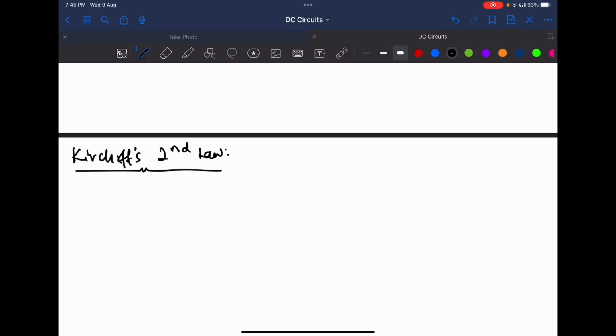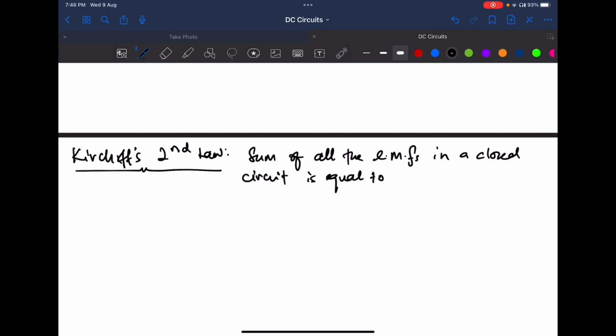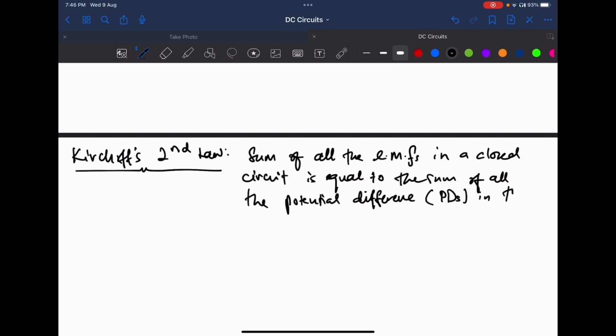Kirchhoff's second law states that the sum of all the EMF in a closed circuit is equal to the sum of all the potential differences (PDs) in that circuit.